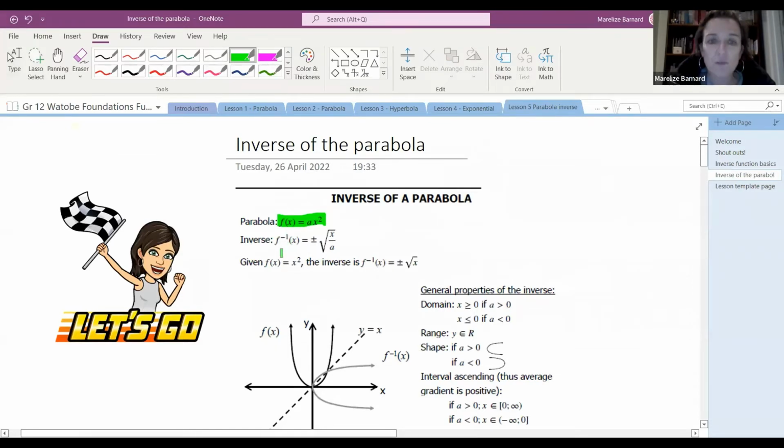When we do the inverse of that, we swap the x and the y, and this is the equation we get. Let's see how we actually get there. If y is ax squared, and we want to do the inverse, then we swap the x and the y.